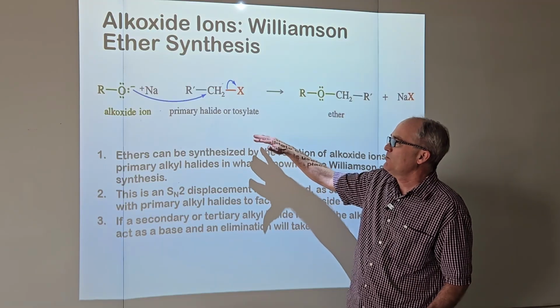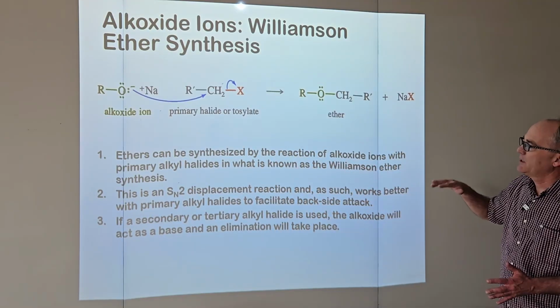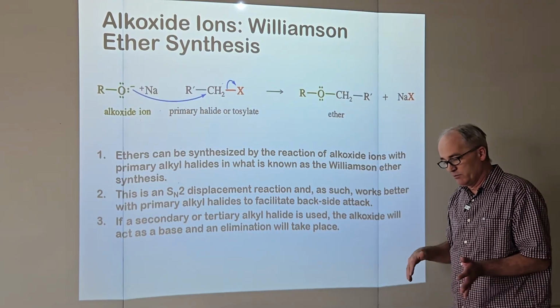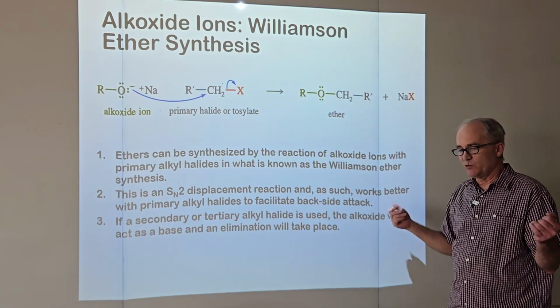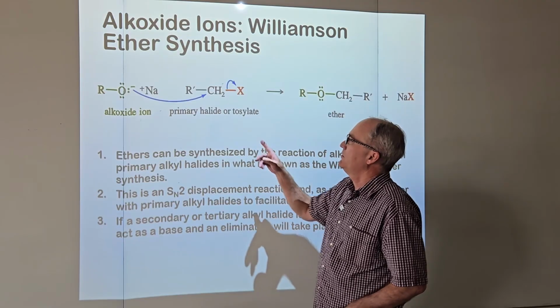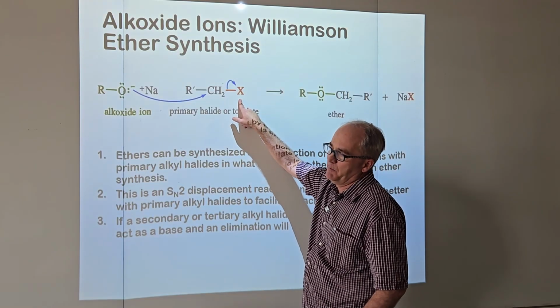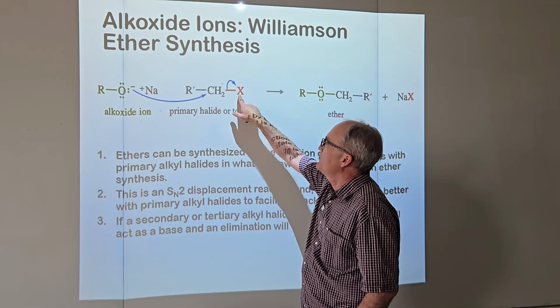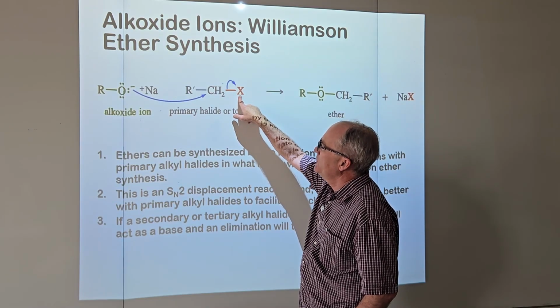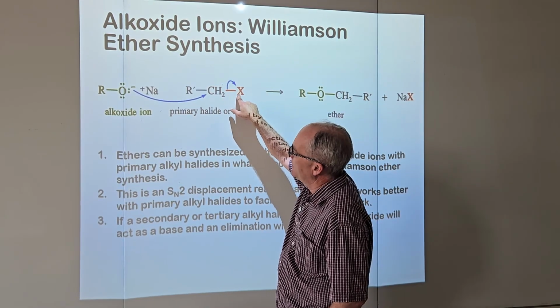So for points on a quiz or exam, if you're asked to make an ether by the Williamson ether synthesis, and you have maybe two alcohols, one alcohol you can use your phosphorus tribromide or some means to make a good leaving group like an alkyl halide.